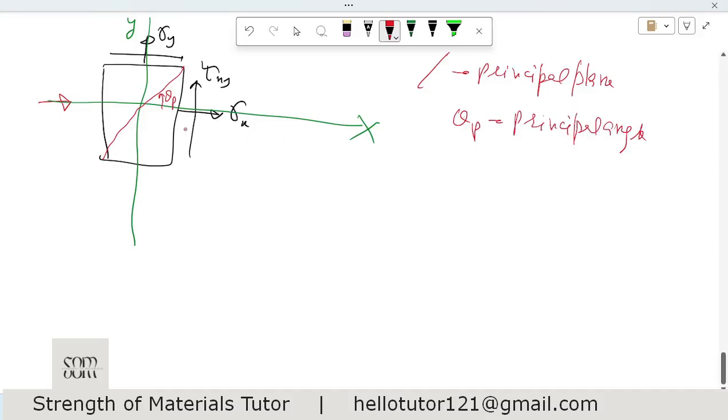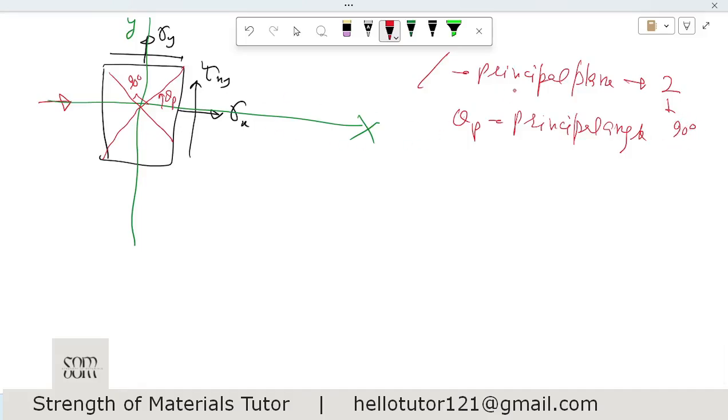But wherever there is a principal plane, there is also going to be another plane at 90 degrees to it. This is what we learned. So there will be two principal planes, at an inclination of 90 degrees to each other.